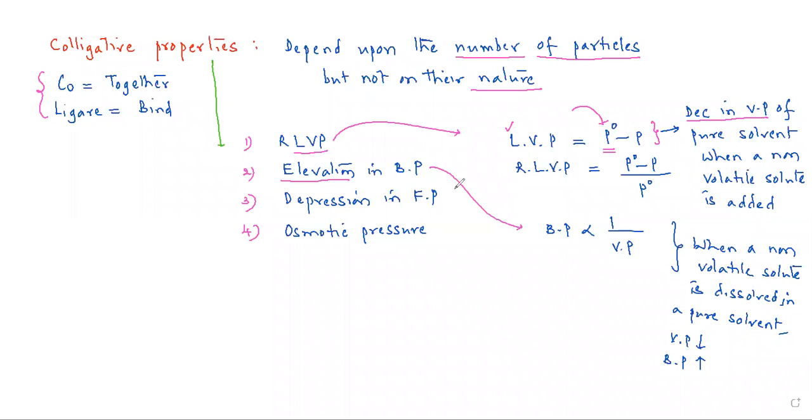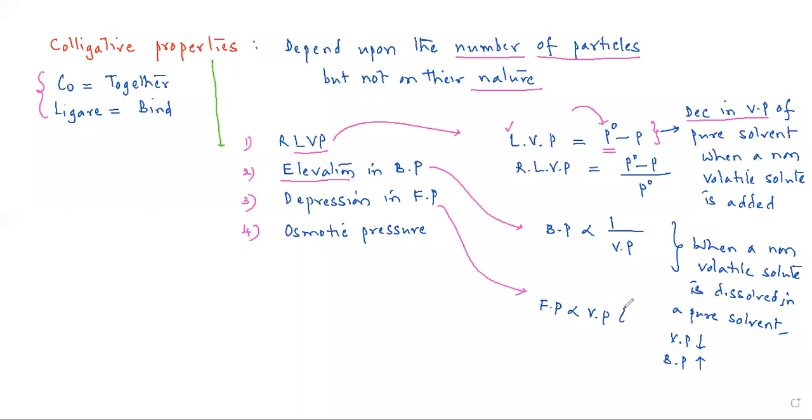Now I can actually give you one more relation, even for this also. As I said, these three are related. The freezing point and vapor pressure are directly proportional. Boiling point can also be defined as the temperature at which the liquid and vapor phases are in equilibrium.